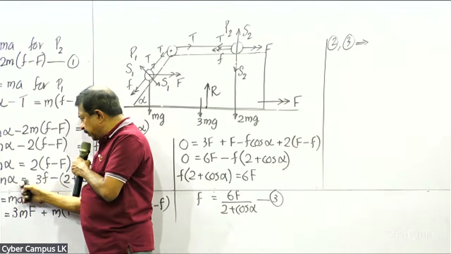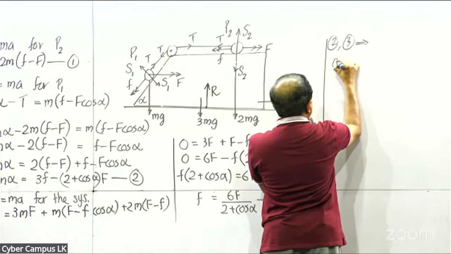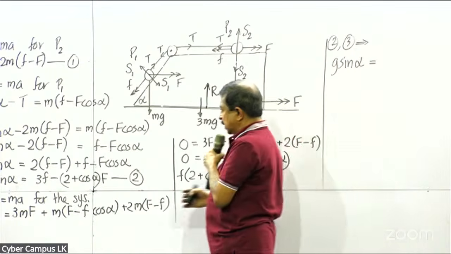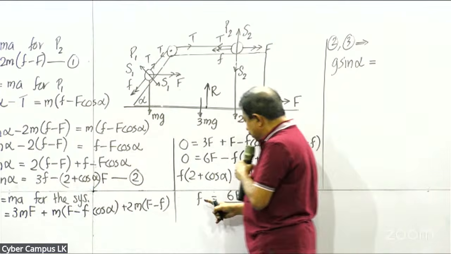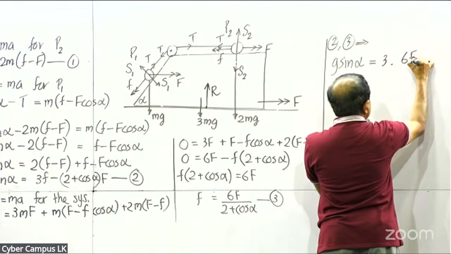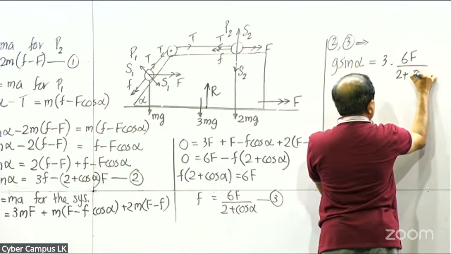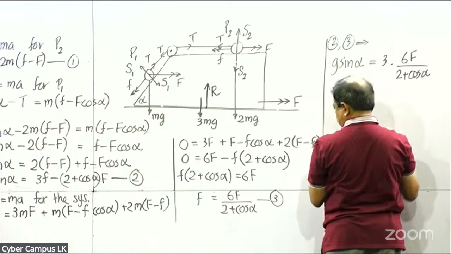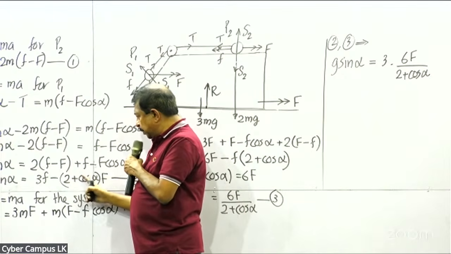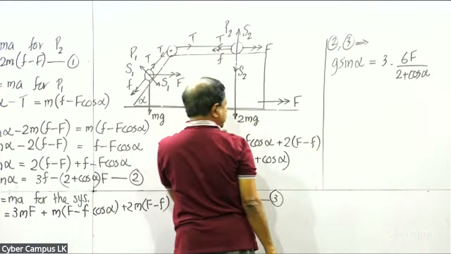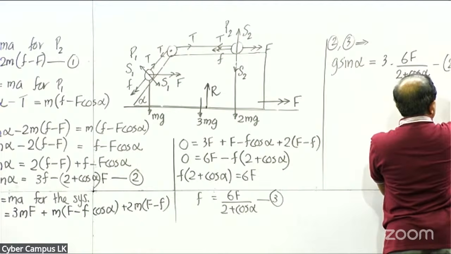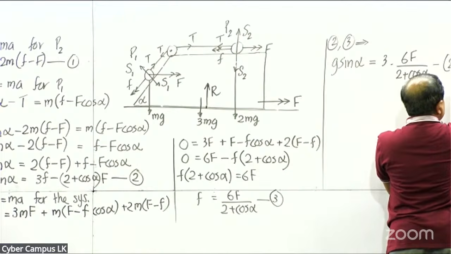So g sin alpha is equal to 3 simple F. Now for simple F, I write this 3 simple F. Now you have this minus 2 plus cos alpha times capital F.